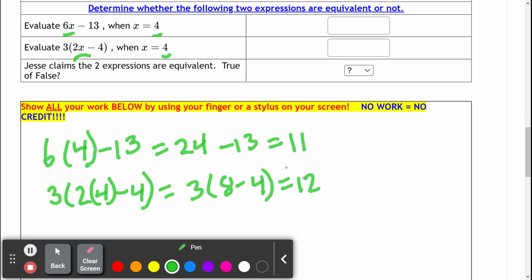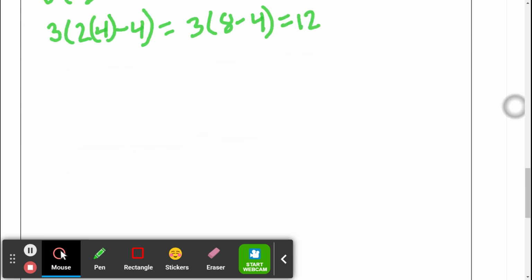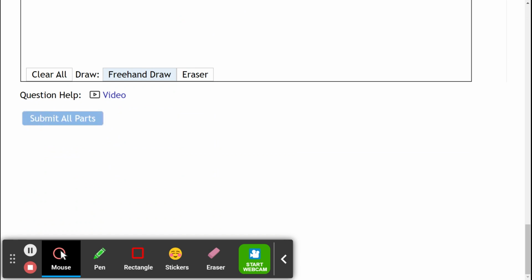Ooh, it's close, but they're not the same thing. So this is 11, this is 12, and they are not the same thing. So that's a no. And there we go.